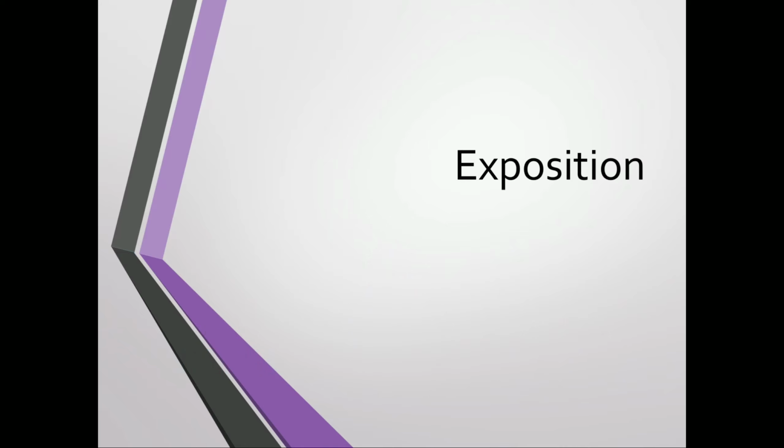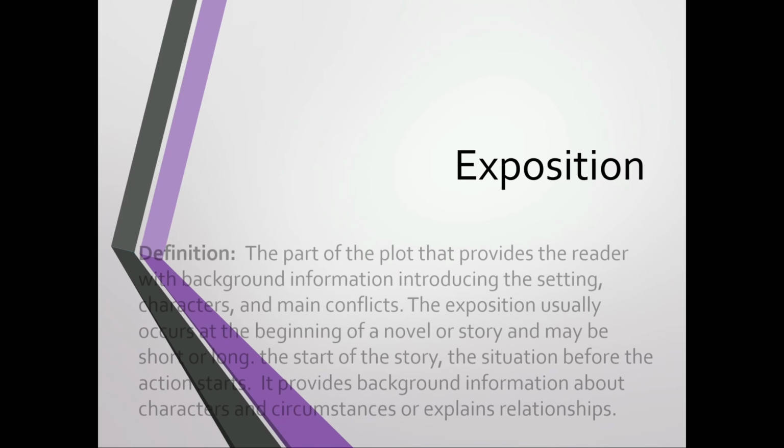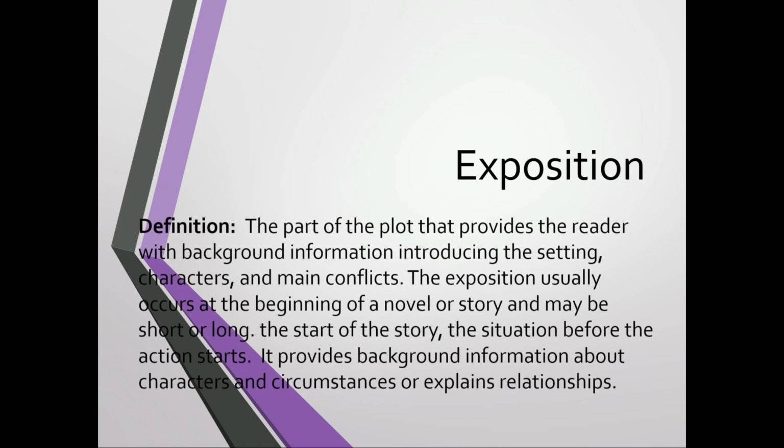So first is the exposition. We'll see what is meant by exposition. Exposition is very important, and it is the very beginning of the plot. Exposition is the part of the plot that provides the reader with background information, introducing the setting, character and main conflict.